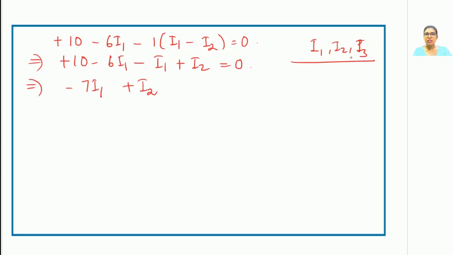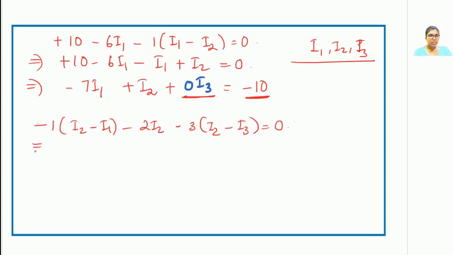So since there are 3 unknowns, even though I3 is not appearing in this equation, either leave the space blank, or for your reference you can write over here plus 0 times I3, such that you remember that there is an unknown variable I3 also present in our analysis, and its value is 0 for the first equation. It is equal to minus 10. As you remember, this constant term is coming because for the first loop we had a voltage element present.